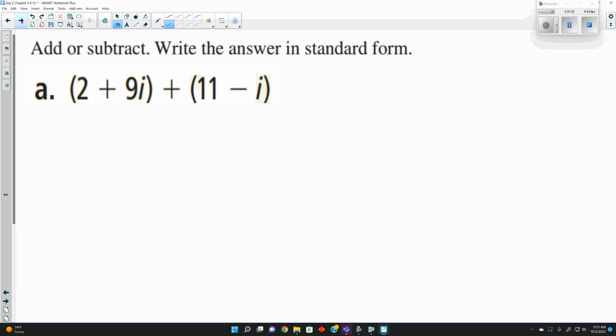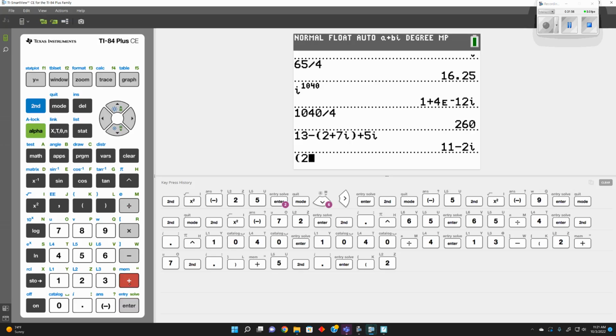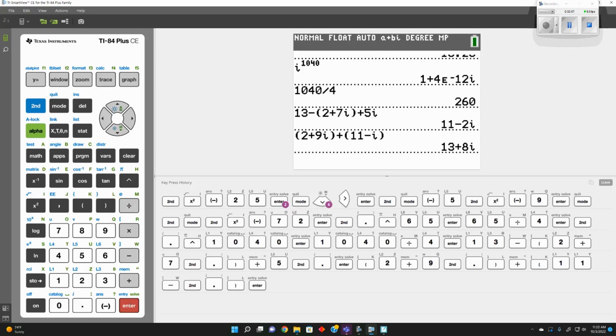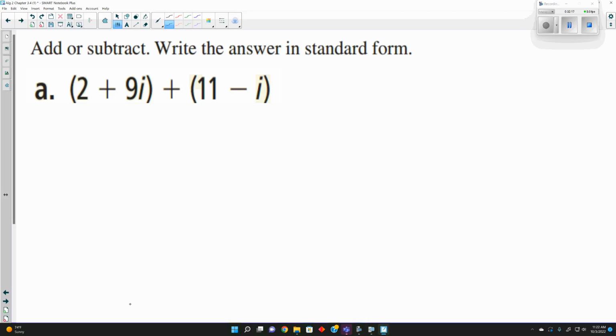Because 2 plus 9i plus 11 minus i gives 13 plus 8i. Because 2 plus 11 is 13, 9 minus 1 is 8. We get our answer here. Questions on addition or subtraction?